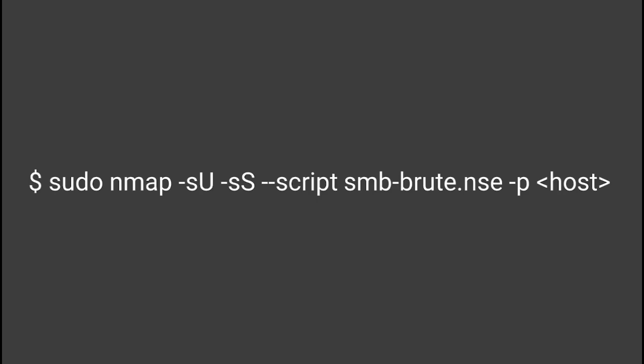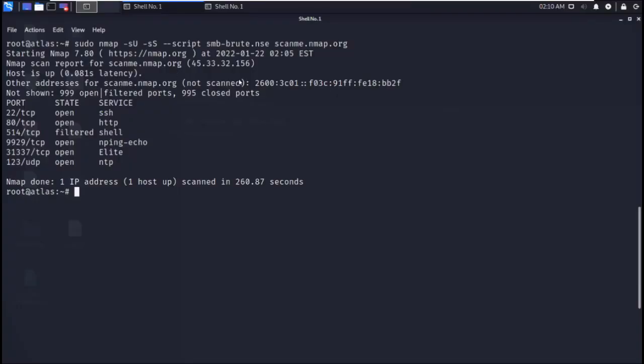SMB servers for now. Well, here we are again in our favorite operating system, Kali Linux. So: nmap -sU -sS --script and our NSE script smb-brute.nse, and the target that we're going to use is the usual Nmap target, scanme.nmap.org.